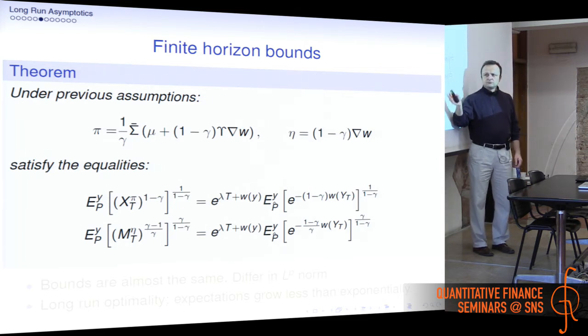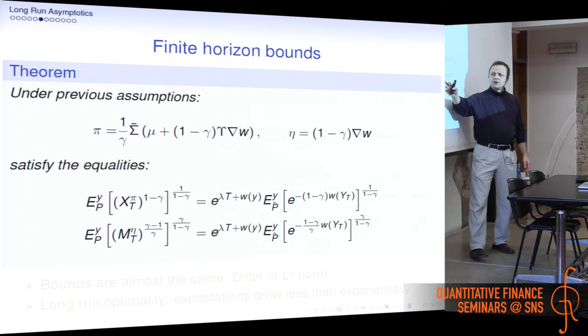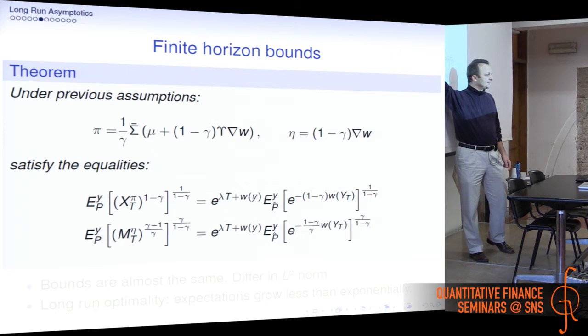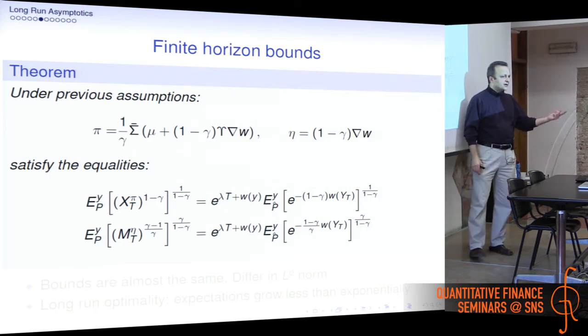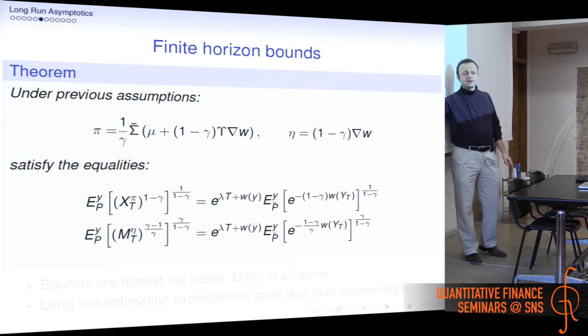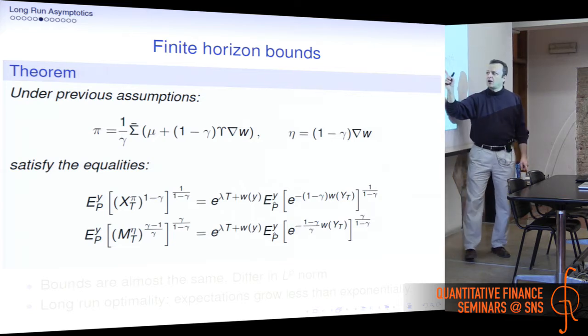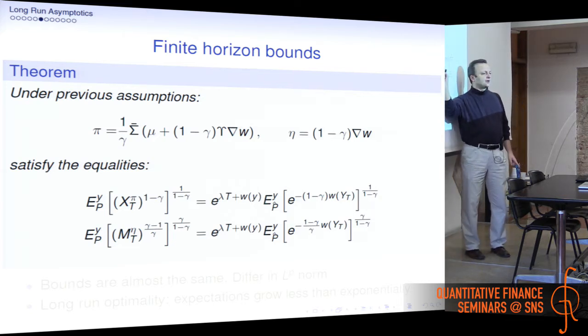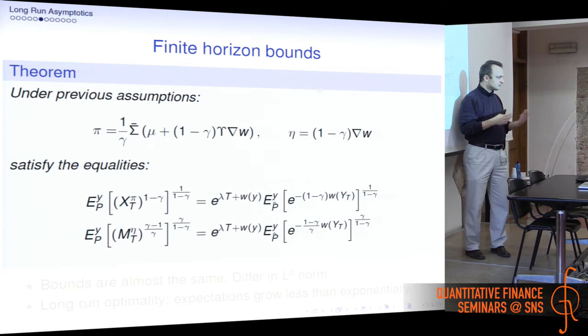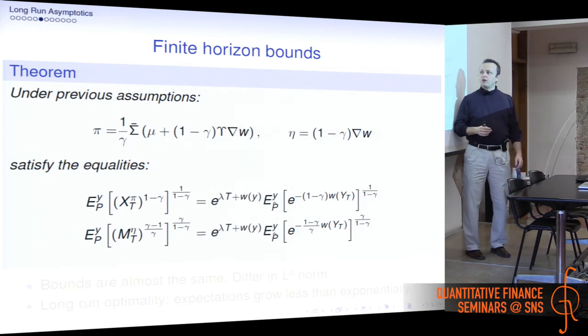From an application point of view, these two are even better, because if you tell me that your horizon is 10 years, I can calculate this directly. I can probably get an idea of what this is using some model-specific estimate, or if it comes to really doing this numerically, you can use a Monte Carlo simulation, because this is just an expectation. Okay?